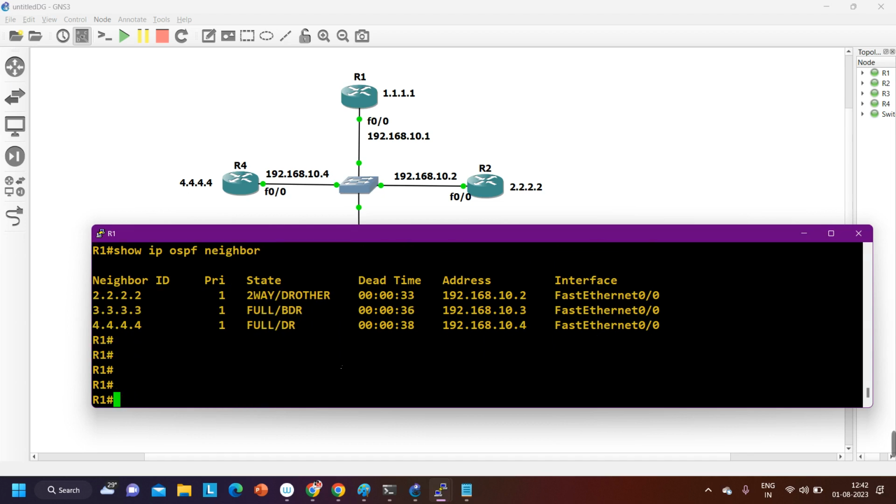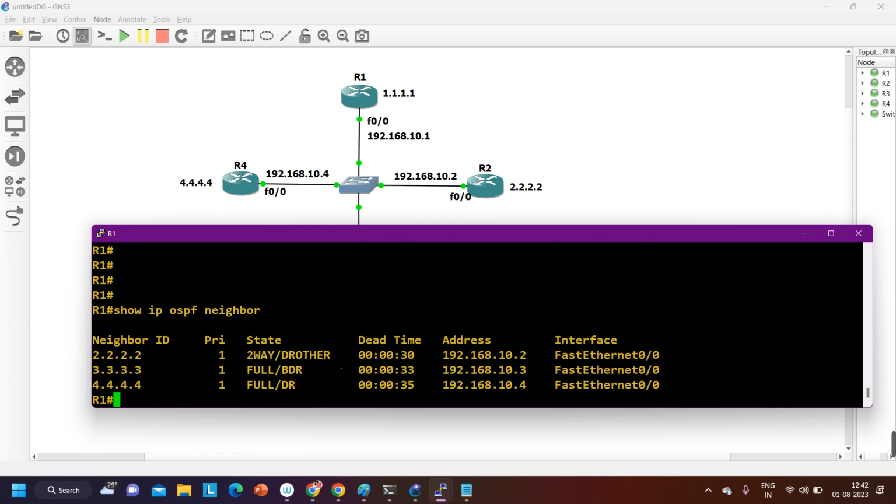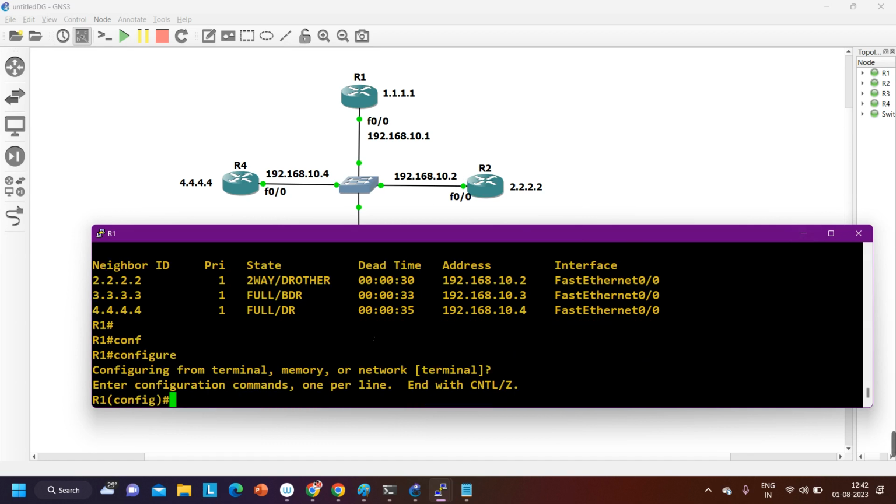So we are supposed to do the configuration within 40 seconds. Yes, within 40 seconds you need to configure OSPF on all routers. If you cannot do that, then what happens? Let's say I am going to remove the OSPF configuration from all routers.